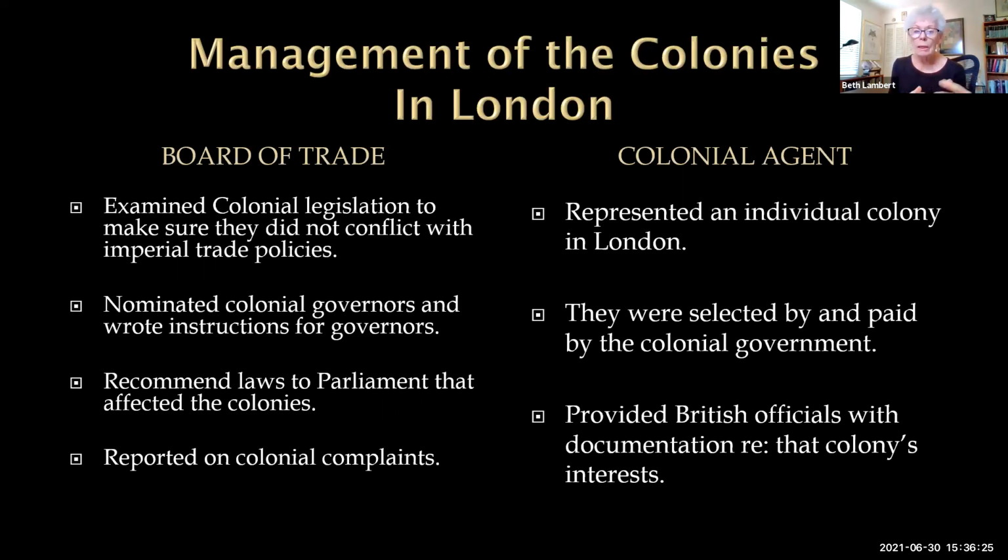No. There were this Board of Trade and the colonial agents. So you had these two groups already working, but as you can see, they didn't necessarily join together. They weren't necessarily talking about the same thing.